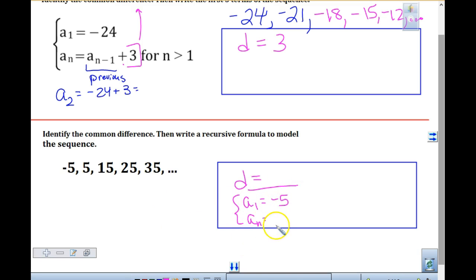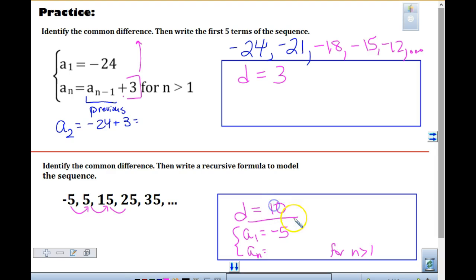You need to check with someone, and then think about what our rule is each time, once you've looked at that common difference, to try and write your rule for n greater than 1. Okay? So I'm going to give you just this is our difference. If we are now writing it, Brody, what is our rule going to be? A of n minus 1 plus 10. For n greater than 1. That's it. That's all we are looking for when you're asked to write that.